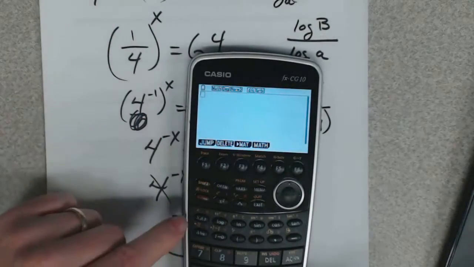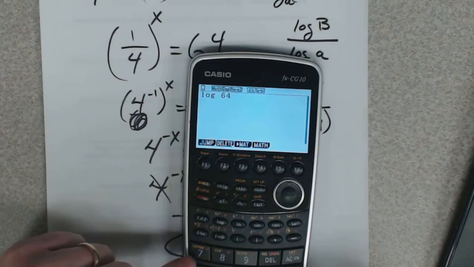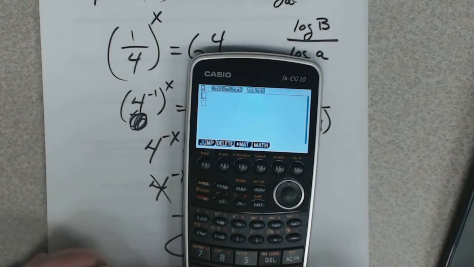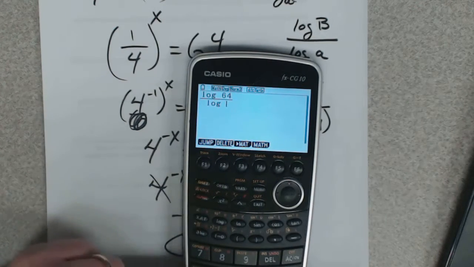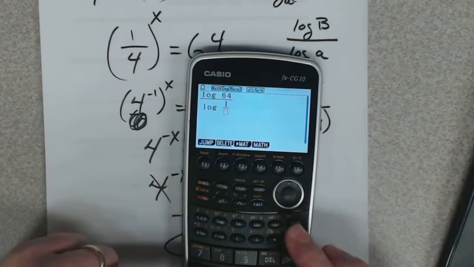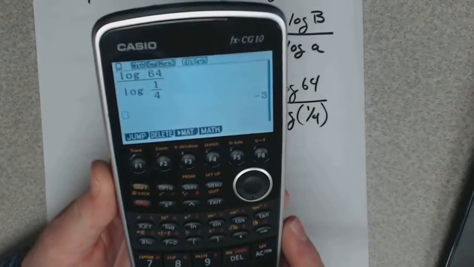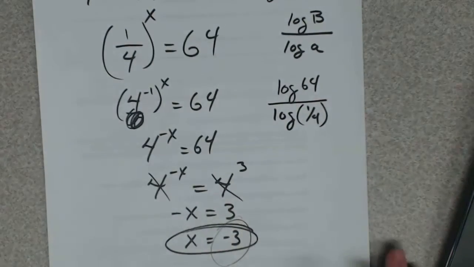We'll just take the log 64 over log 1/4. I get negative 3. So much fun. Called a change of base formula.